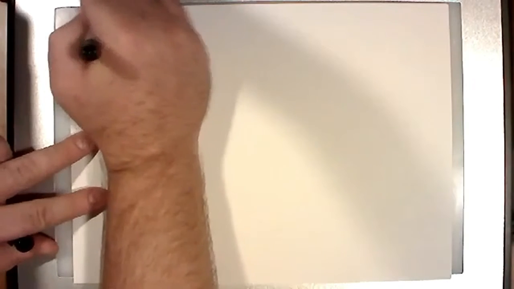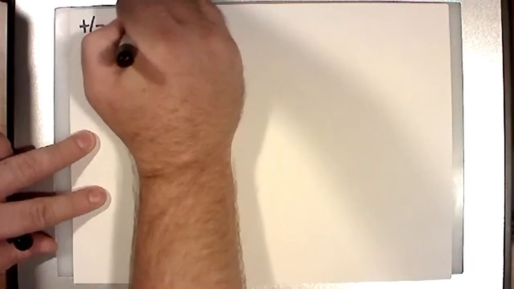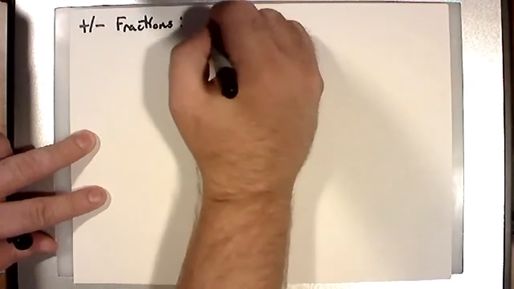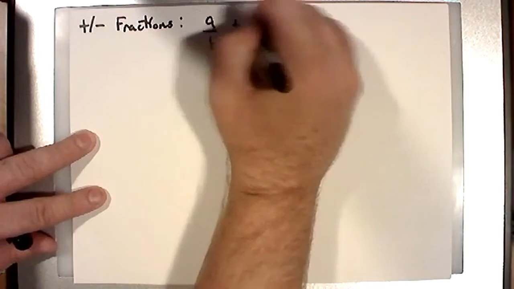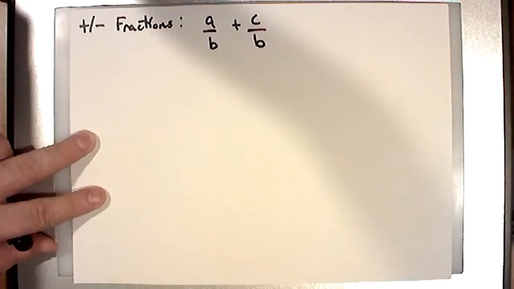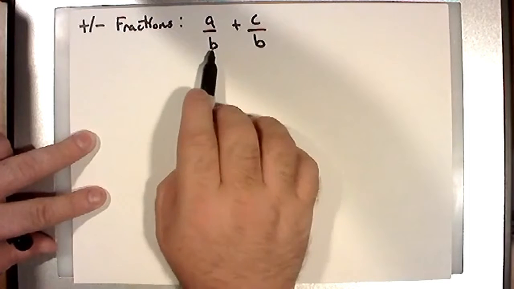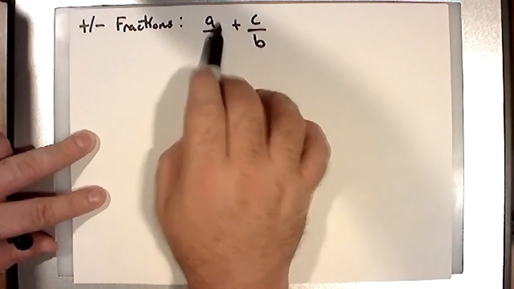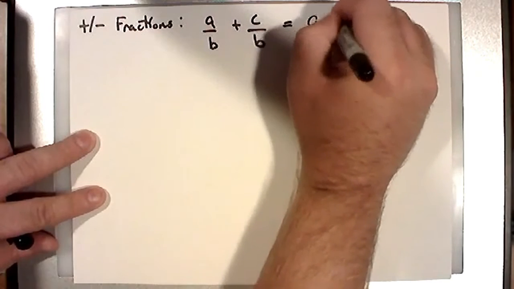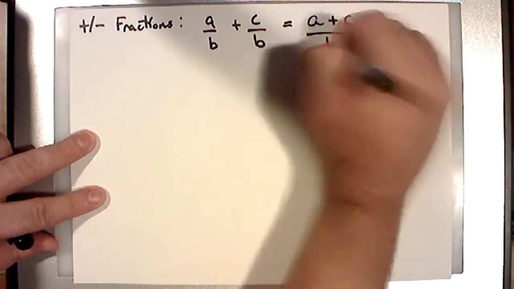All right, so let's talk about how to add and subtract fractions. At its most basic level, it's pretty straightforward. If you add A over B plus C over B, again, key being that they're both over the same number, you simply just add the tops and keep the bottom the same.